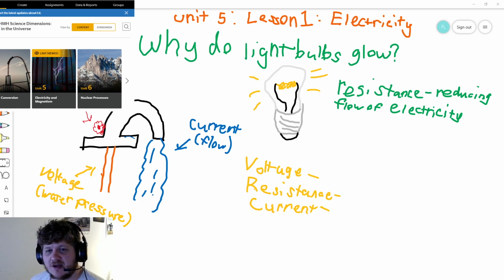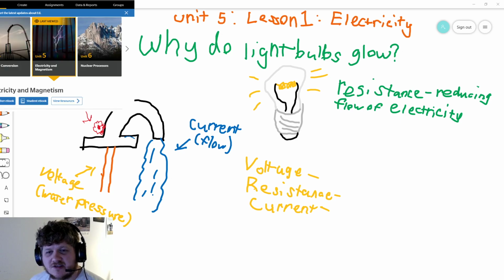After you log in, you should end up with a page like this. The current chapter we're going to be on is Unit 5. You click on that, you can go to Student eBook, which will take a moment to load.